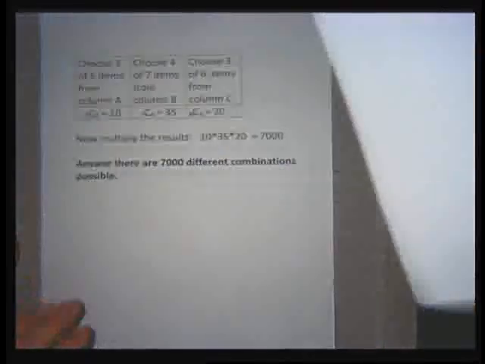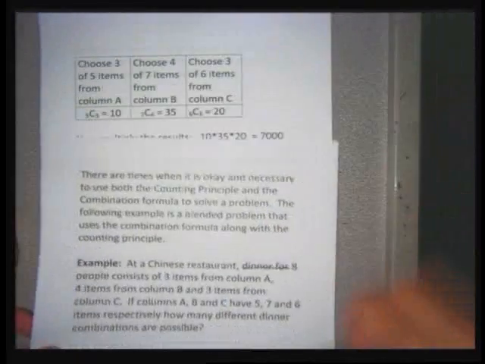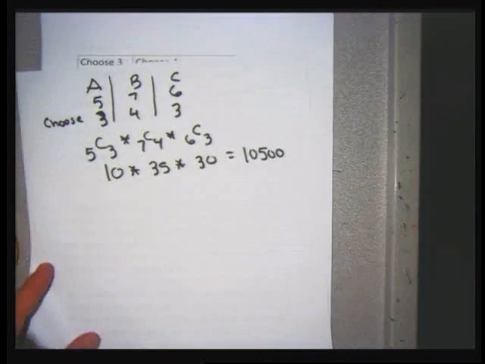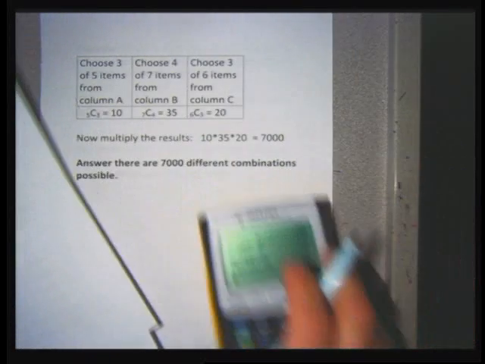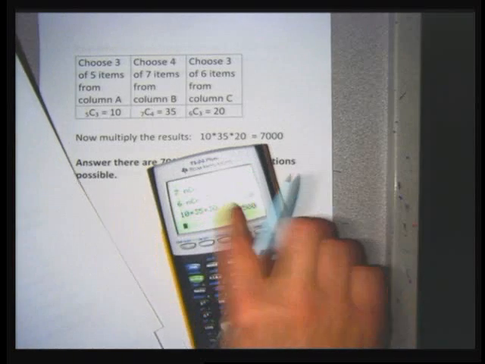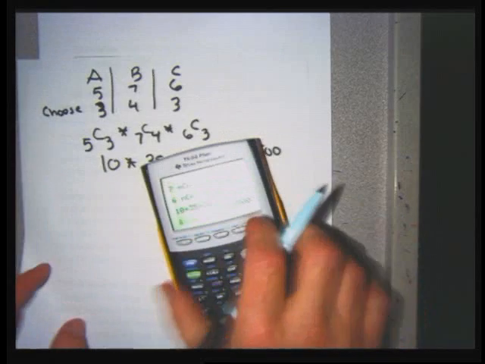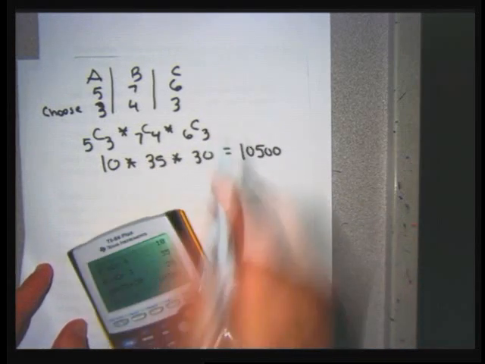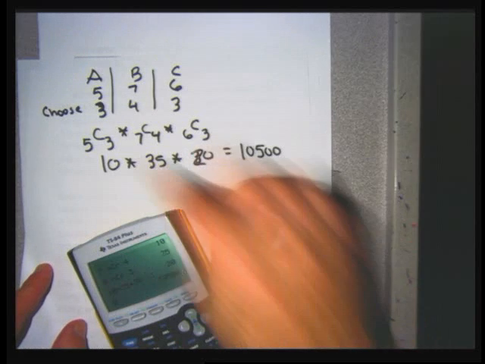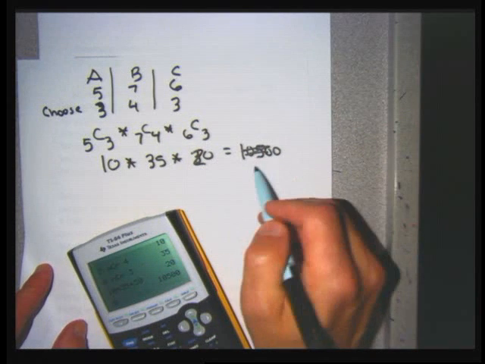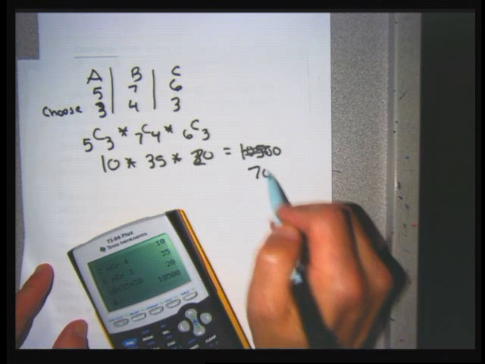Would you look at that? 6 choose 3 is, what did I do? I wrote 30 here. This should be 20. I couldn't even copy that number. It should be 10 times 35 times 20. Sorry about that. And apparently that's only 7,000.